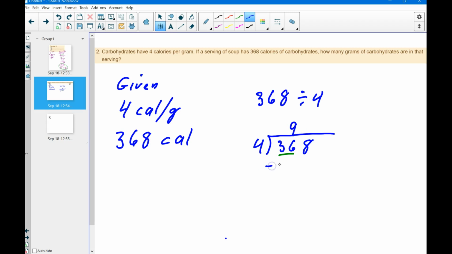And then coincidentally enough, that actually happens to be 36. And it's a 0. Then the 8 just drops straight down. And we have an 8. And we know that 4 can divide into 8 2 times. And let's subtract the 8. And it's 0 remainder. So the answer is 92 grams.